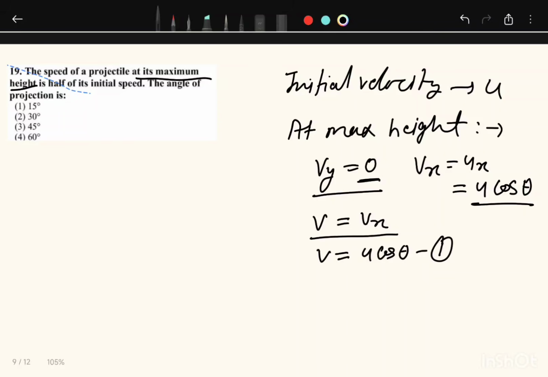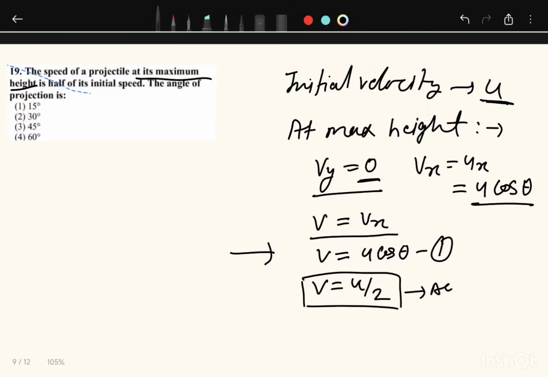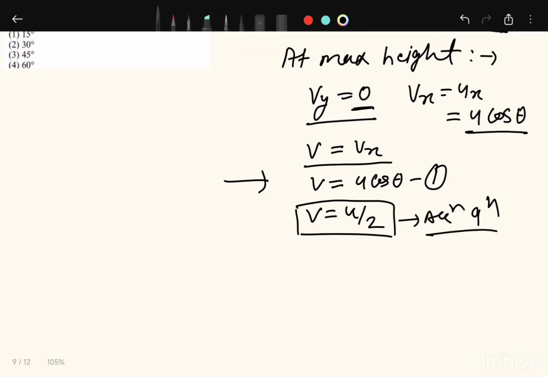So initial velocity was U. And it's saying at this maximum point, your V becomes half. So V will be equal to U by 2, according to the question. Because it's saying that at the maximum point, your velocity becomes half of initial velocity, and initial velocity is U. So half of it will be U by 2.